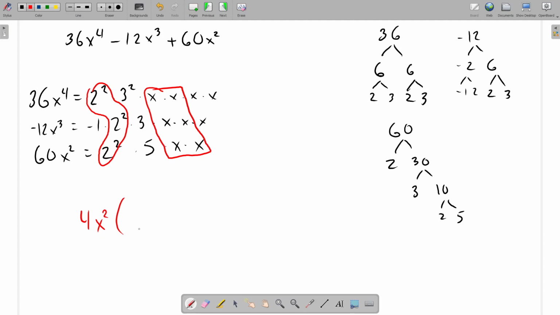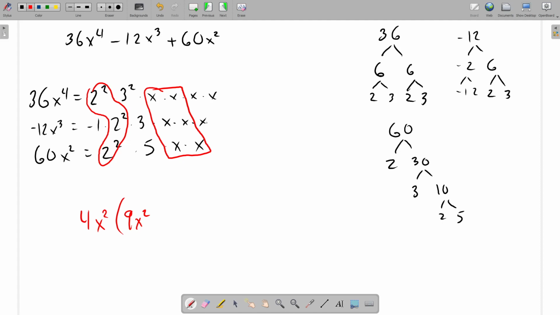But we want to write down what's left so that it can be equivalent to my original polynomial. So what's left from the 36x to the 4th? A 3 squared and 2 x's. So 3 squared is 9 times x, 9x squared.